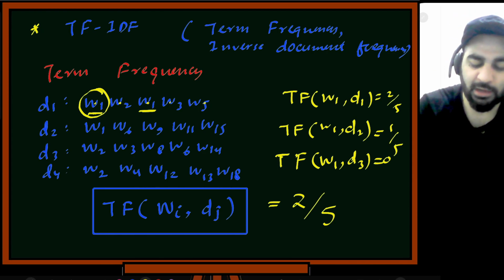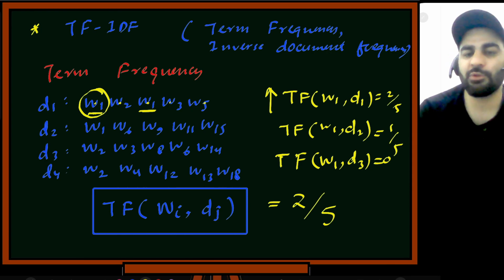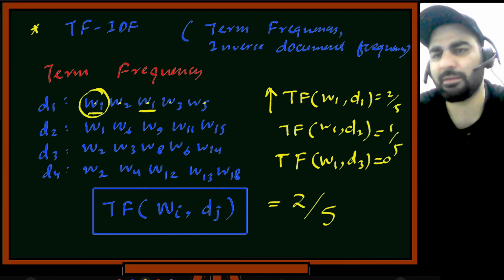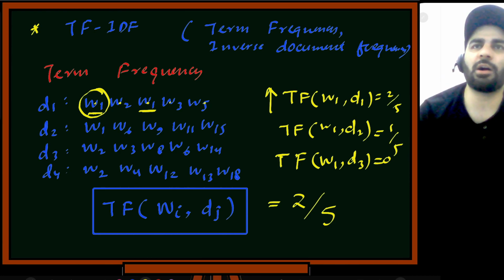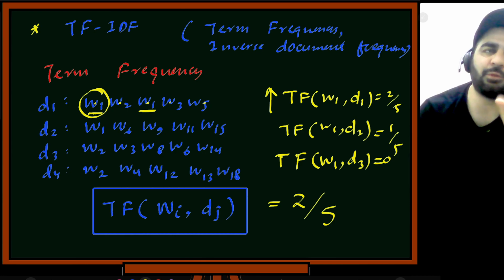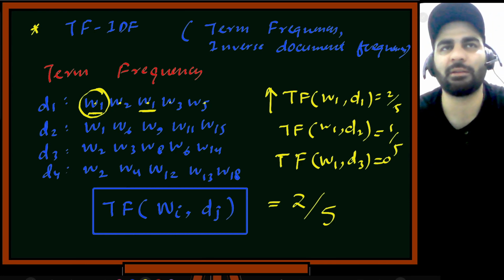So when is the TF value higher? If this word W occurs more frequently in the document, this indicates that it may be more relevant. Let's suppose you see a document filled with words like stock market everywhere, then you can see that this somehow has to do with finances.